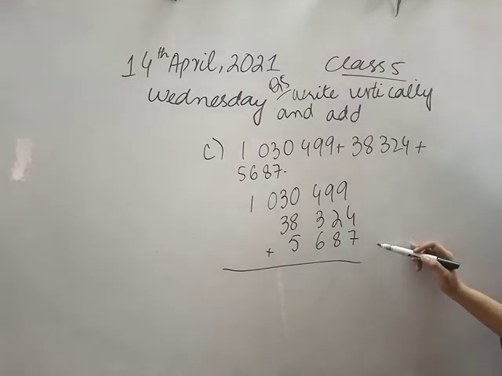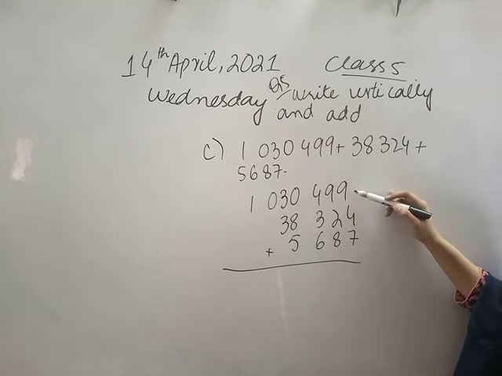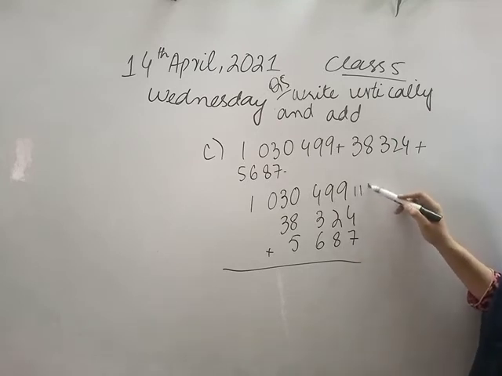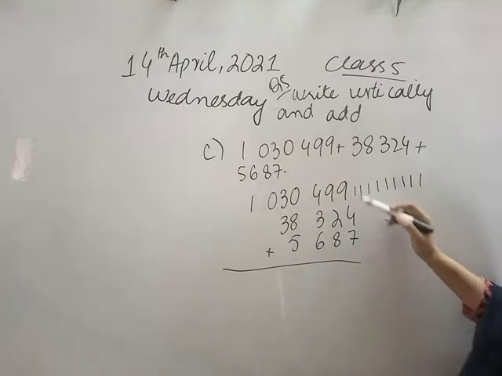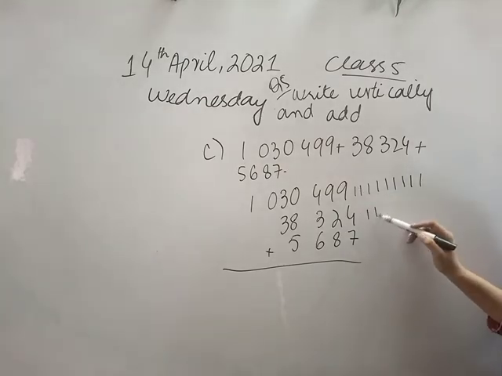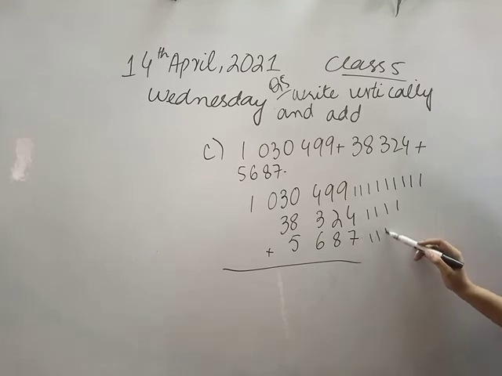Now I am going to start from this side. My first number, which is at upper, is 9. 1, 2, 3, 4, 5, 6, 7, 8, 9. 4 in middle. 1, 2, 3, 4. And 7 in lower. 1, 2, 3, 4, 5, 6, 7.